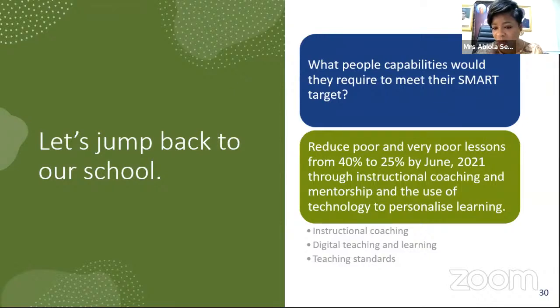So I'm going to give us about a minute to quickly talk about what people capabilities they would require to meet their SMART target.